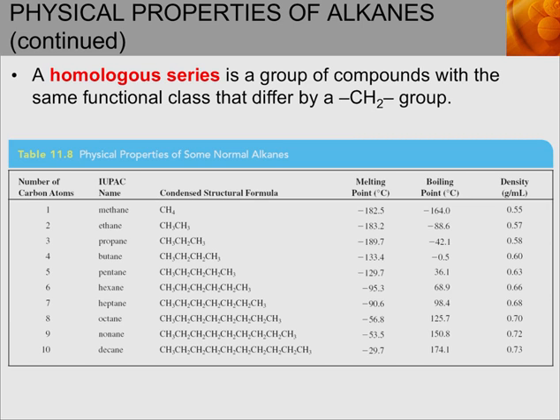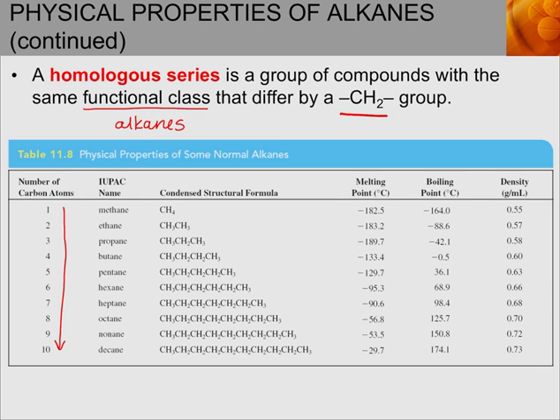We call them a homologous series. A homologous series is a group of compounds with the same functional class. In this case, that would be alkanes. And they only differ by a CH2 group. So we're going from 1 carbon all the way up to 10.